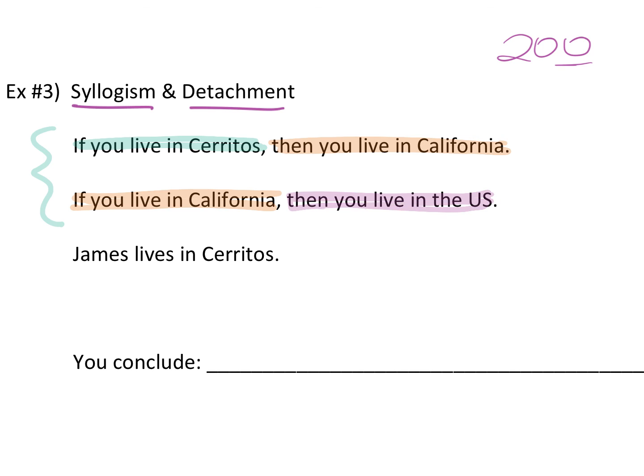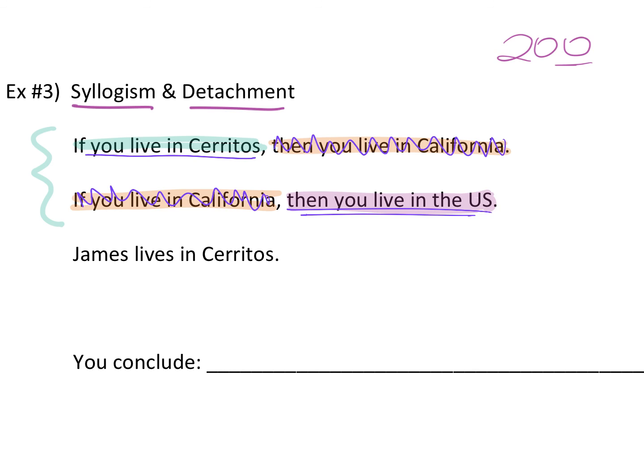Don't even worry about the next statement yet. We want to simplify these two first. If you live in Cerritos, then you live in the US. Okay, so we're going to get rid of the two that are the same. California, California. So our new statement is if you live in Cerritos, then you live in the US. Okay, so we just did law of syllogism.